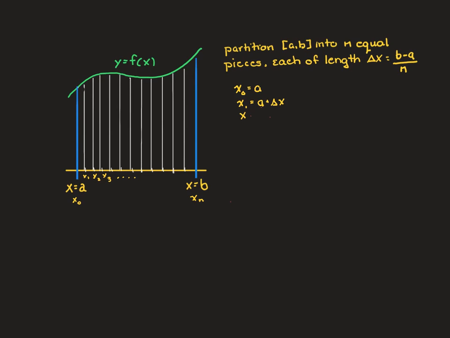So we could say, in fact, a sub k, x sub k, equals a plus k times delta x. And if we say that, where k equals 0 all the way up to n, we've just described how to label everything.